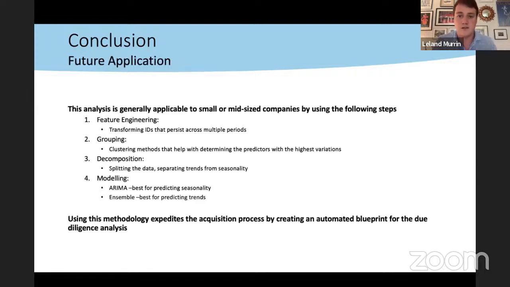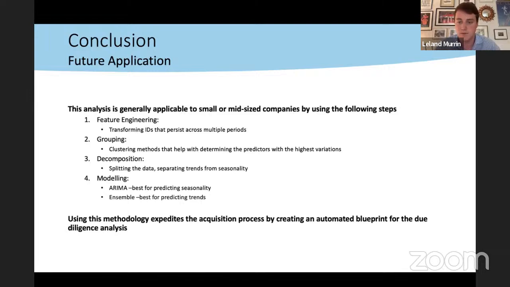For some future application of this project and the analysis done here on other companies, which would be the entire point of automating this and being able to present this to private equity firms as a decent solution, there's an applicable methodology that could be used for smaller mid-sized companies using the following steps, starting with feature engineering, transforming any transaction IDs that persist across multiple periods.